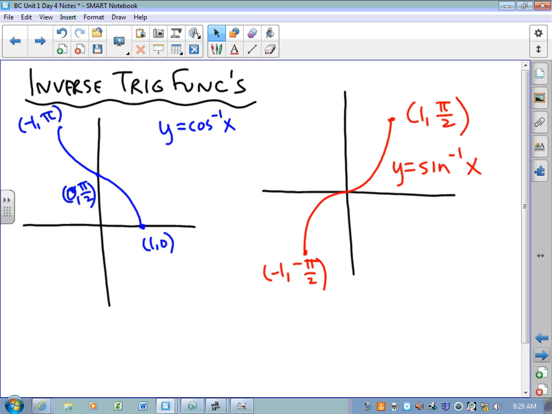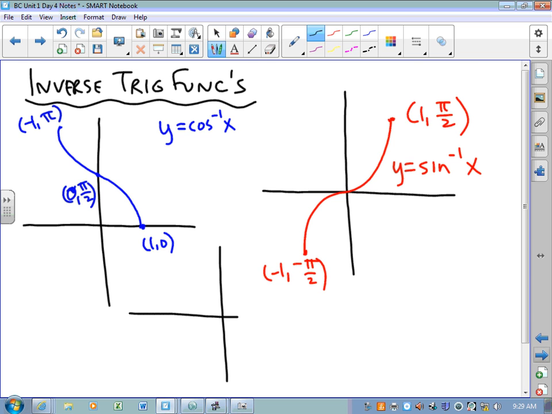And again, when we say inverse sine, we mean that y is the angle whose sine is x. Pi over 2 is the inverse sine of 1. Pi over 2 is the angle whose sine is 1. Aren't there many angles? Yes, but we have restricted the domain to allow for the inverse function to exist.